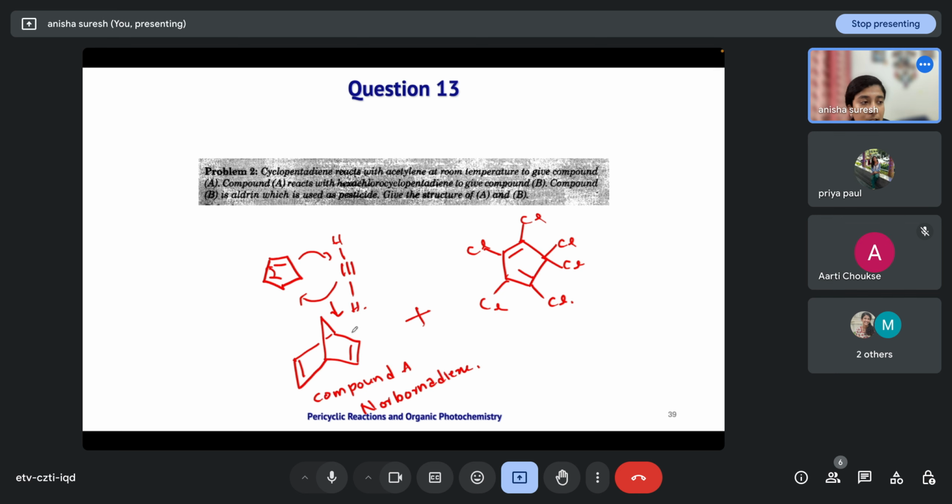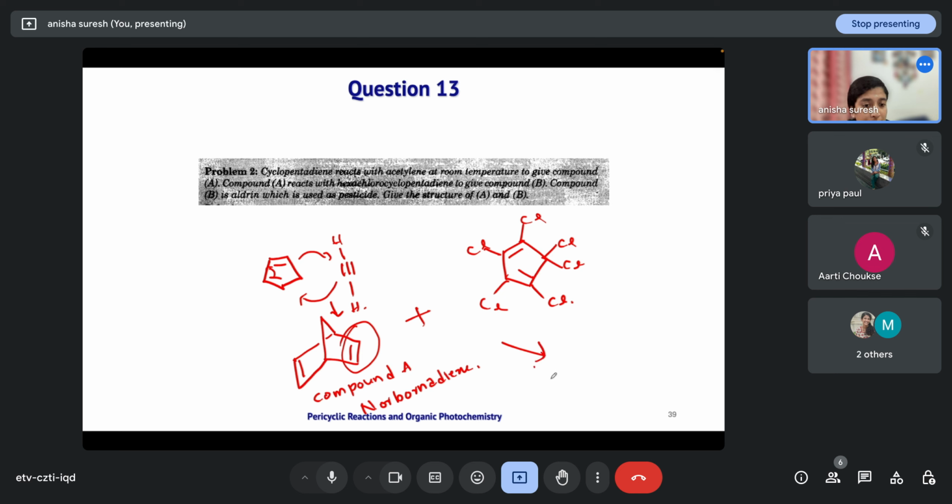Next, this compound A will be a fused cyclopentadiene system. Two fused cyclopentadiene systems, where one of the cyclopentadienes contains all the chlorine substituents. Yes, that is right. So here this will act as the dienophile and this will act as the diene.